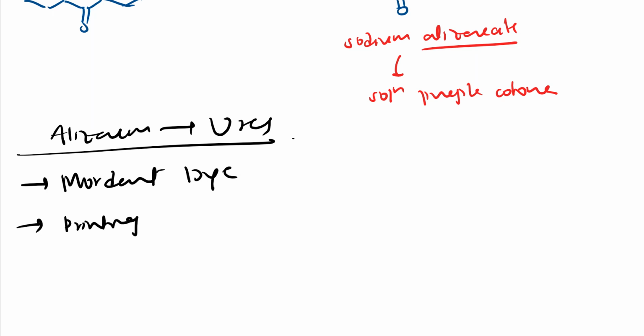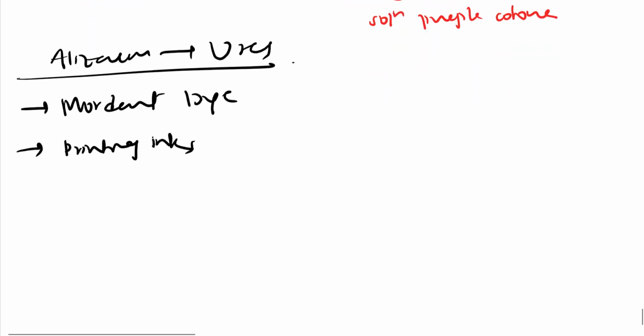We synthesize it using this alizarin only. We manufacture this printing ink using alizarin. And also we have studied one medicinal property, anthrarobin. So we prepare anthrarobin using this alizarin. Anthrarobin helps in curing skin diseases, that thing we have studied.